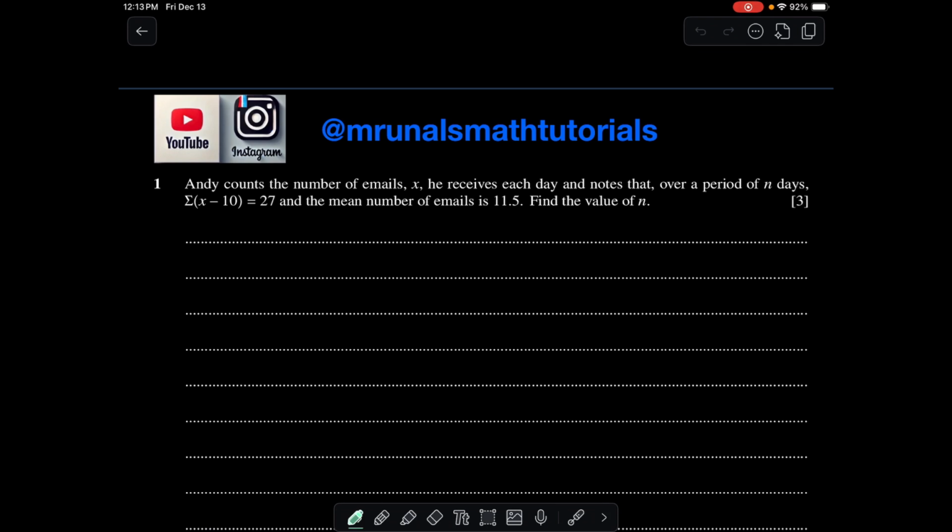So let us represent y equal to x minus 10. So y stands for the coding, which is x minus 10. We can always write mean of y is equal to mean of x minus 10. Here the mean of x is 11.5, which is already given to you.